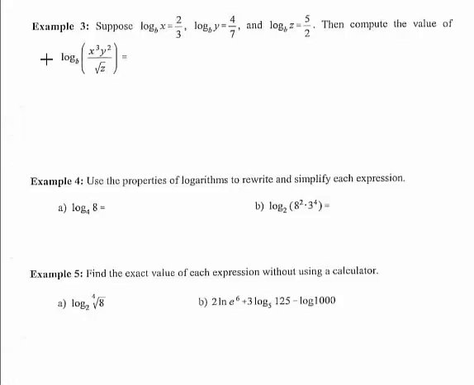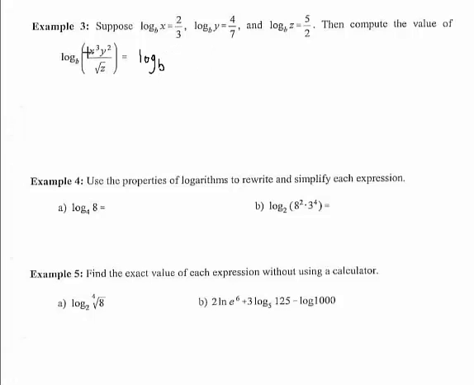So we're simply going to apply these three properties that we know. We're not given a number for our base, we just simply use b, which is in line with the expressions that we were given in the instructions.